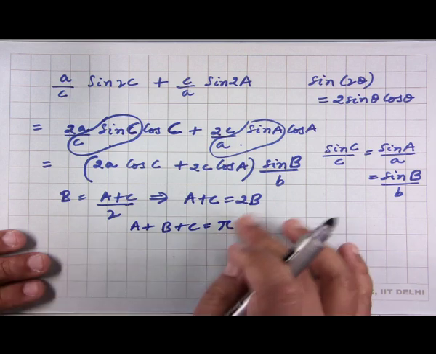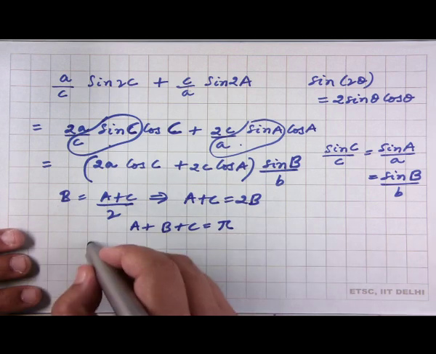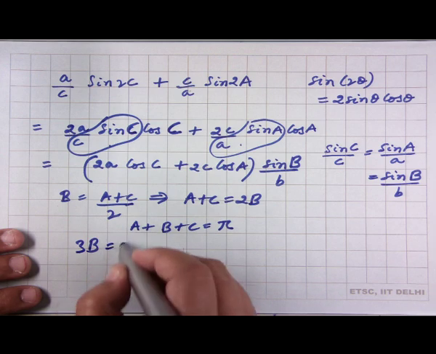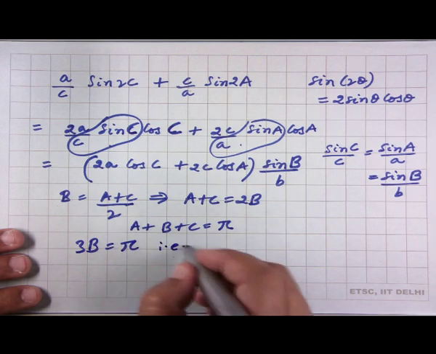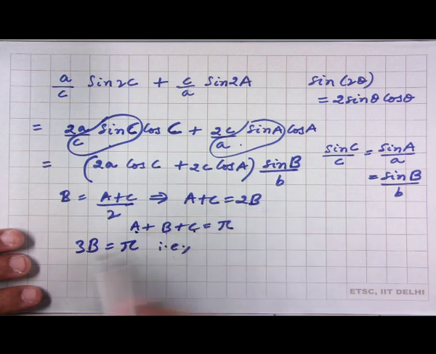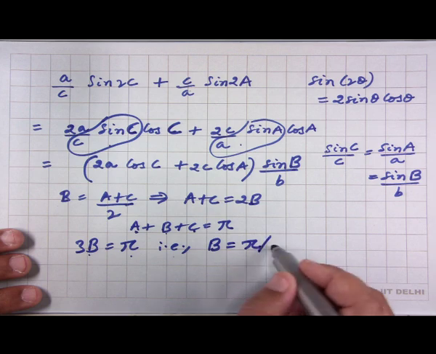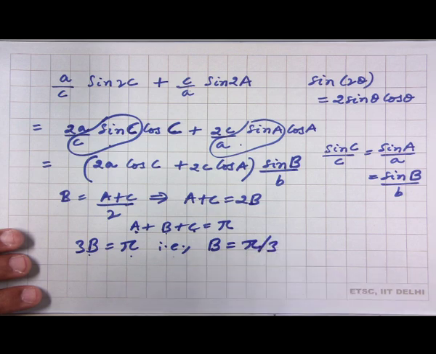Since A plus C is 2B, we have 2B plus B, which is 3B, equal to pi, and therefore B is equal to pi over 3, and we are going to use that.